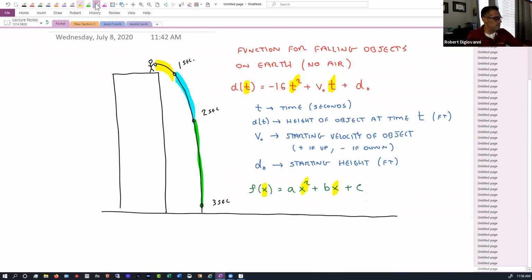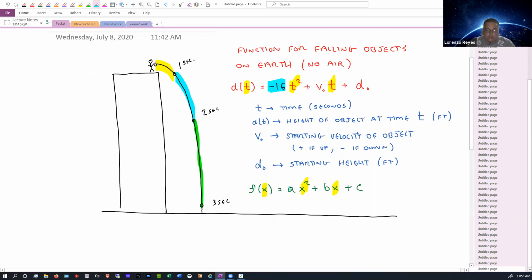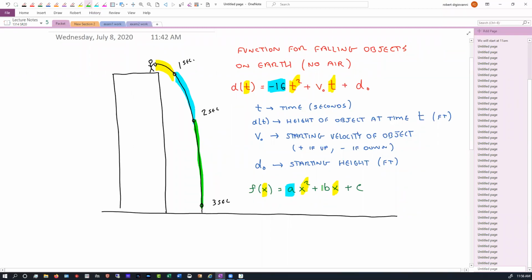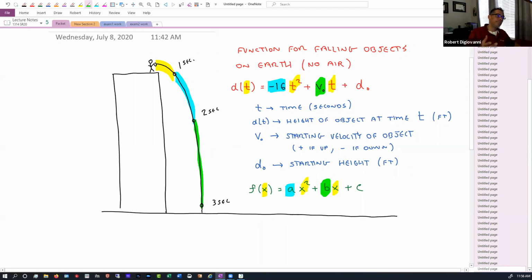So for us, on the formula for a falling object on Earth, what's a? The -16 is the a, right? Now, what's the b? The b for us is the v naught, isn't it? And that's not a number that's given to us. That v naught is the starting velocity.